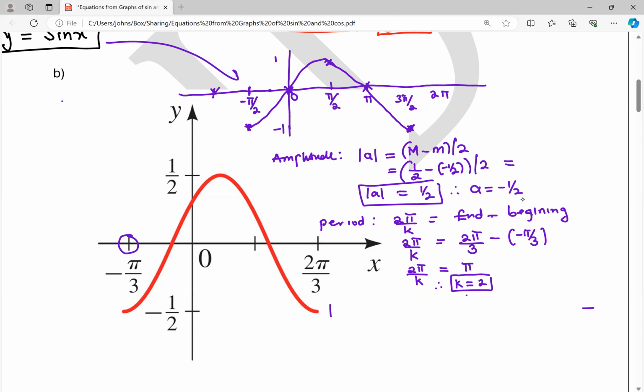Then the horizontal shift x is equals to what? X is equals to minus b over k. The horizontal shift, you start with your starting point, is going to be the shift. So which is minus pi over 3. And this is minus b over what? K, which is equals to 2.